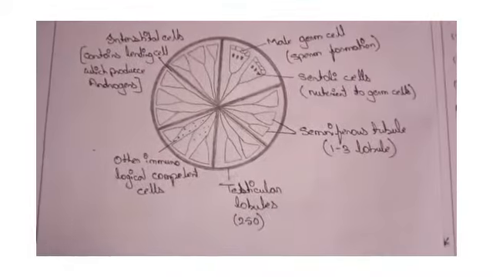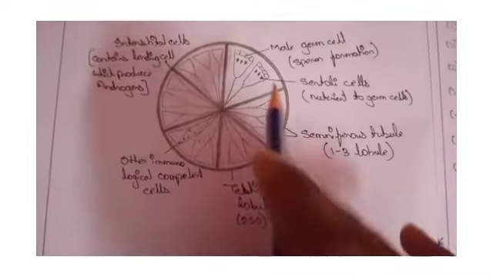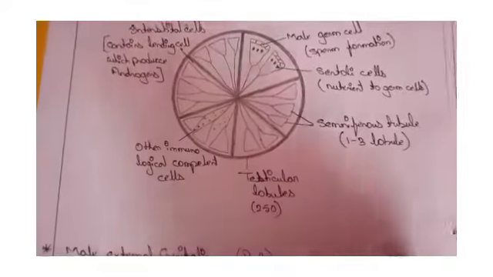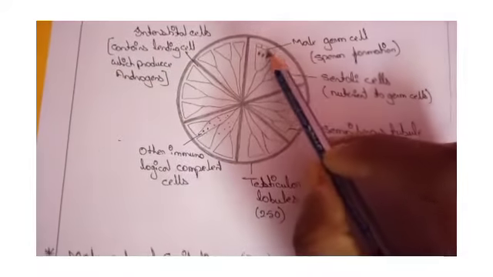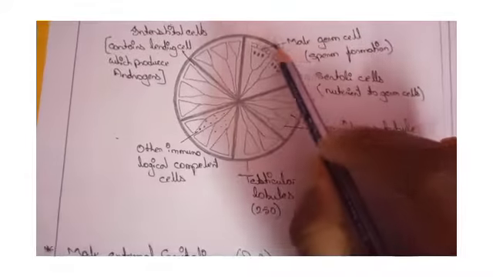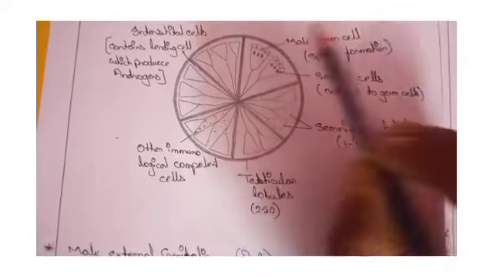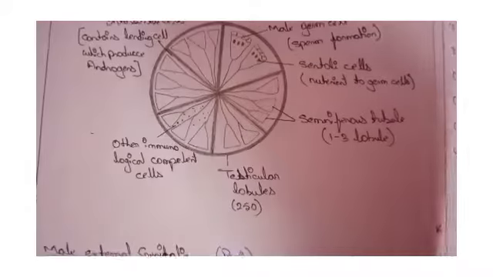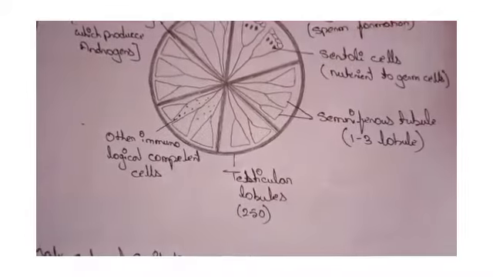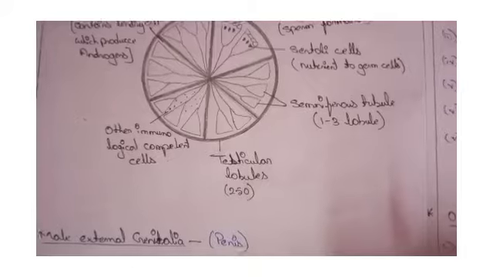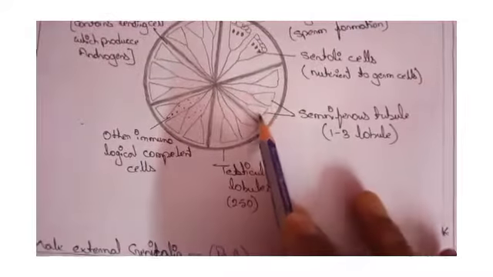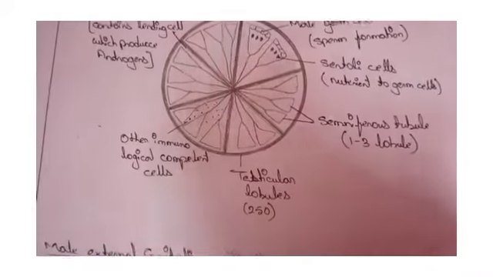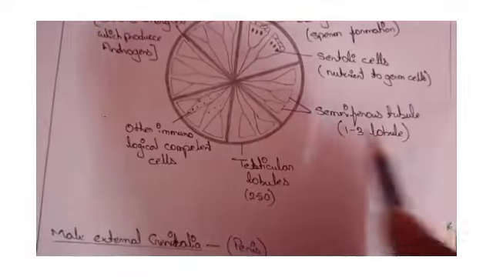Now you all see the cut section of the testis. This is the male germ cell. These are Sertoli cells, which give nutrition to the germ cells. These are seminiferous tubules.